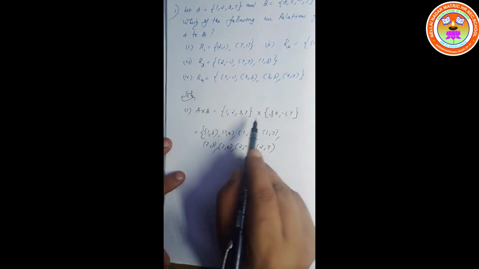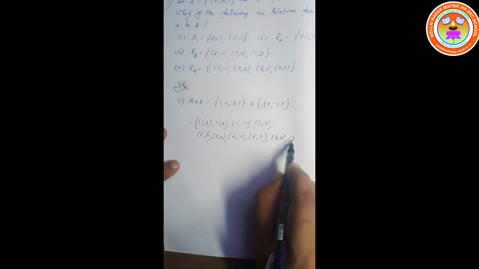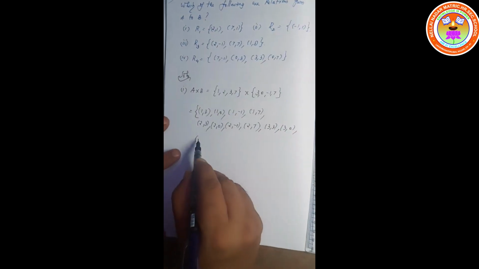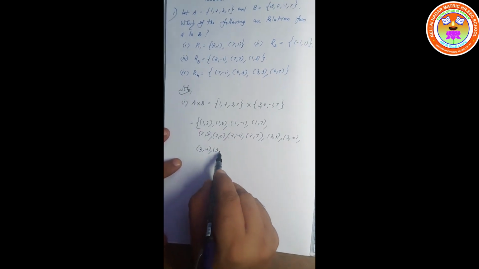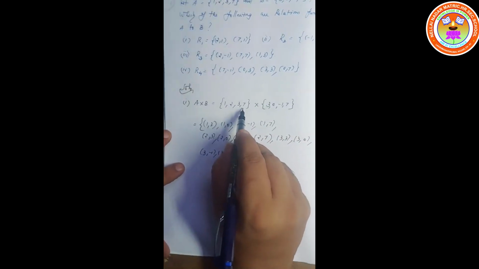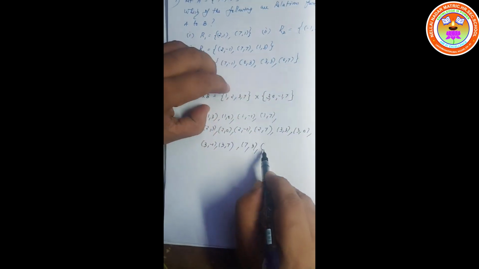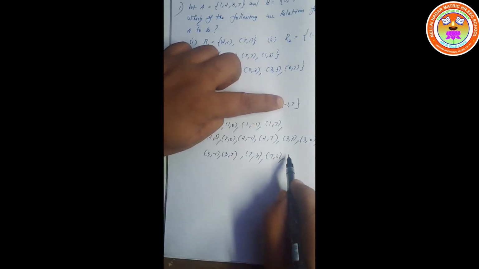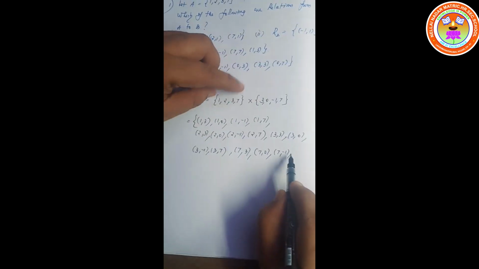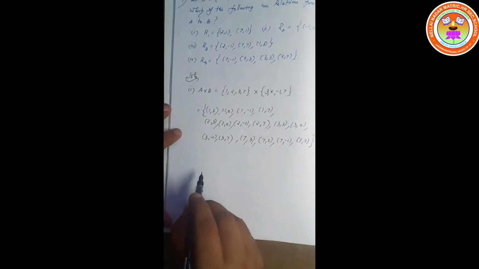Next, (3, 3), (3, 0), (3, -1), (3, 7). Finally, you have to take 7: (7, 3), (7, 0), (7, -1), (7, 7). A cross B is over. Okay.